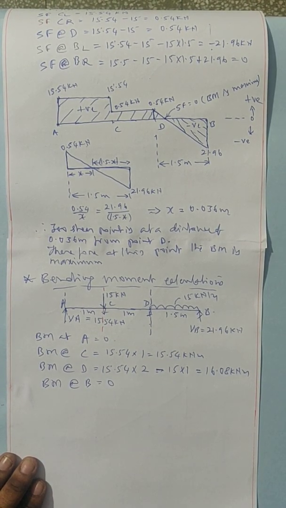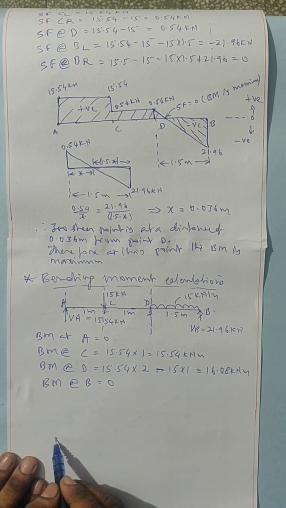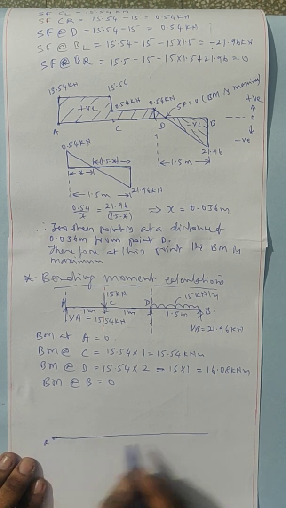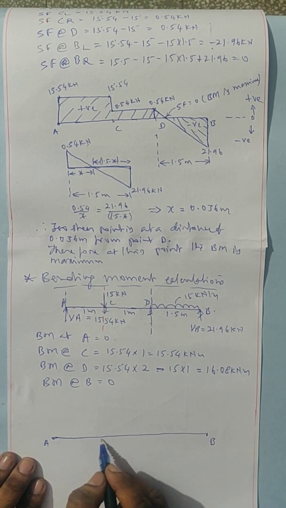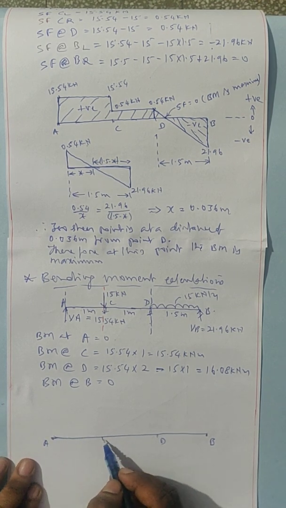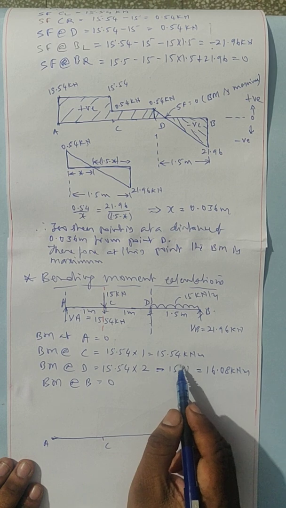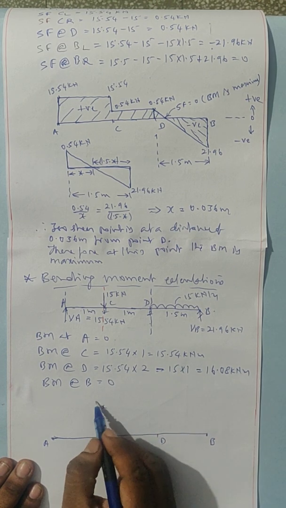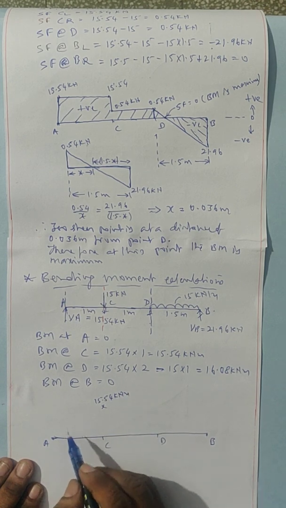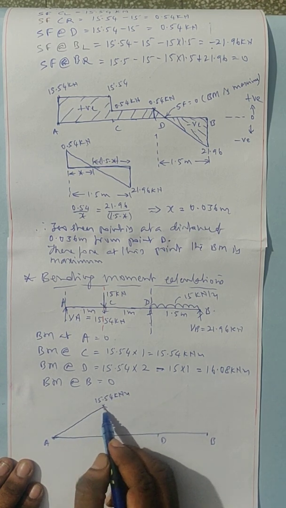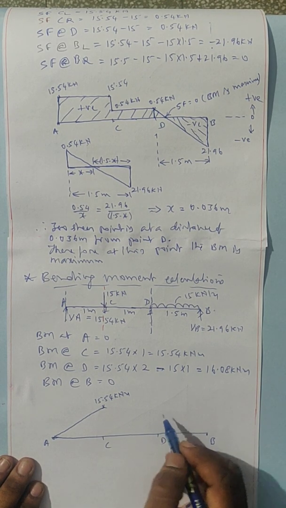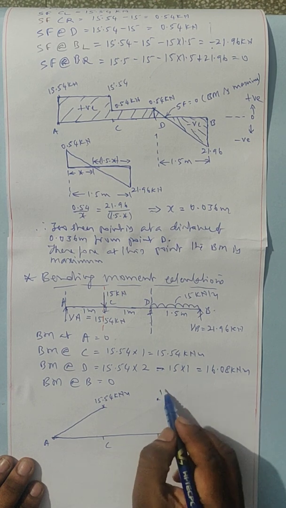Now I have to draw the bending moment diagram. Again this reference line, this point A, B, C, D. Bending moment at A is 0, bending moment at C is 15.54 kilonewton meter. The variation is linear because there is no UDL. Now bending moment at D is 16.08, here just above.